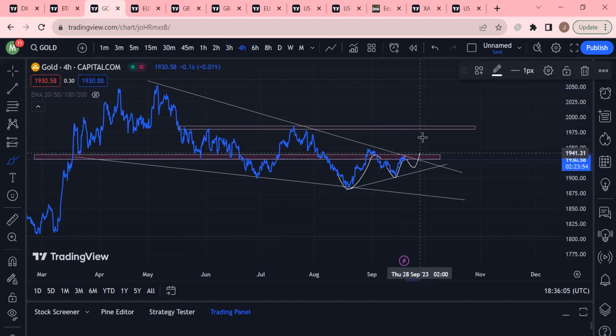So any break above this area of value, how many confluences are you getting now? The following wedge, you're getting a bullish ascending triangle vibe, and you have an area of value, also a previous resistance, that whenever it breaks to the upside and retests that area of value and turns into support, we have to continue buying to the upside.